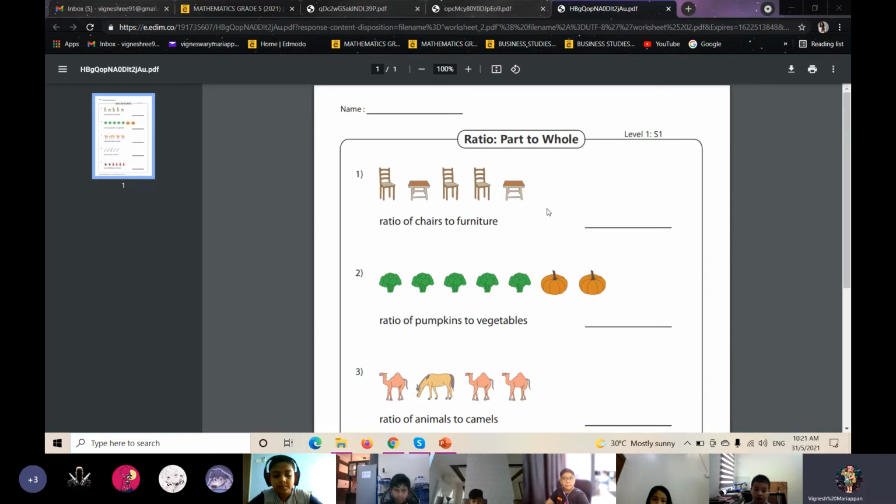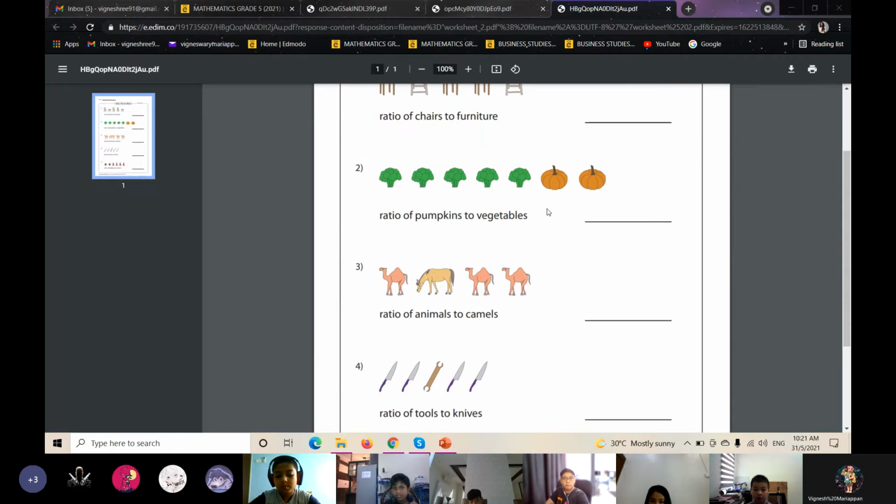Any volunteer? The ratio of pumpkins to vegetables. 2 to 7. Very good. Pumpkin is also a vegetable, broccoli is also a vegetable. So 2 to 7. Ratio of animals to camels. 4 to 3.